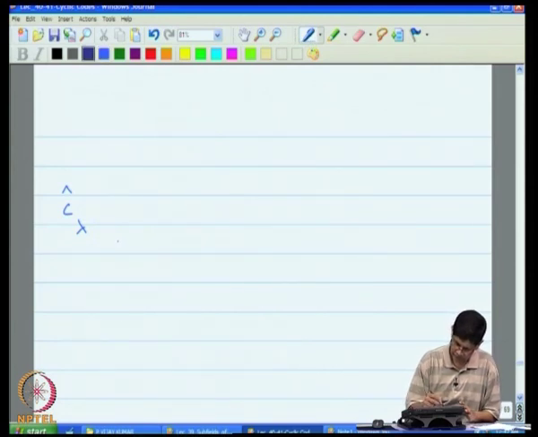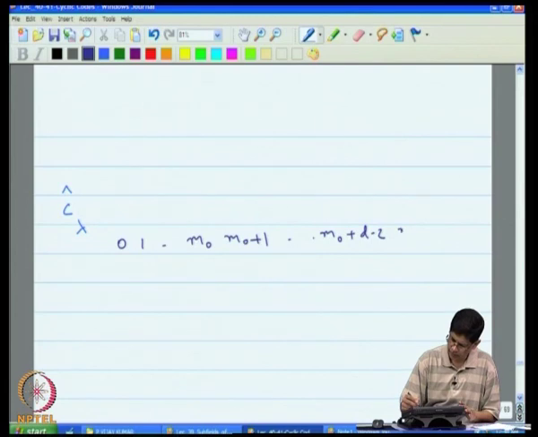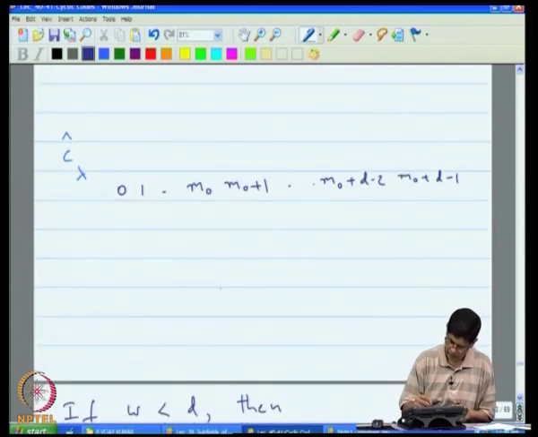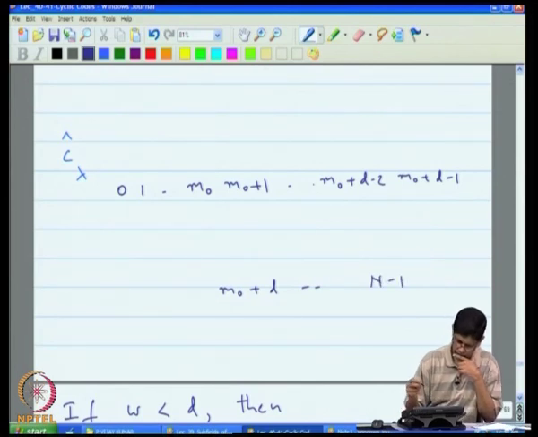You start with 0, 1, and then somewhere you encounter m0 plus 1, m0 plus d minus 2, m0 plus d minus 1, m0 plus d on up to n minus 1.